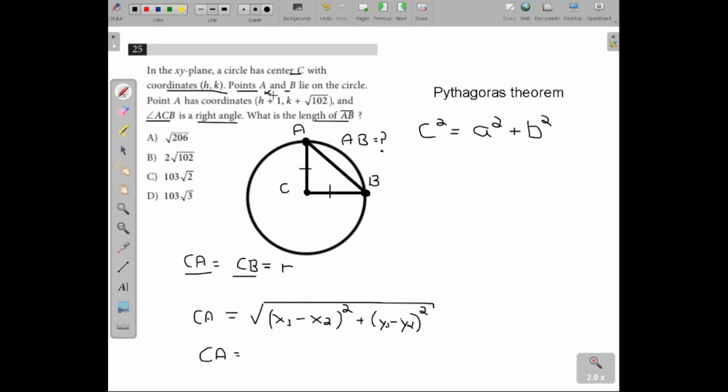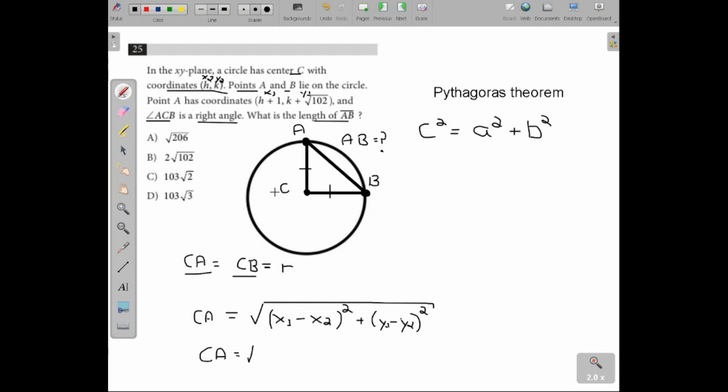H plus 1 will be equal to x sub 1 and k plus square root of 102 will be y sub 1. And h will be x sub 2 and k will be y sub 2.